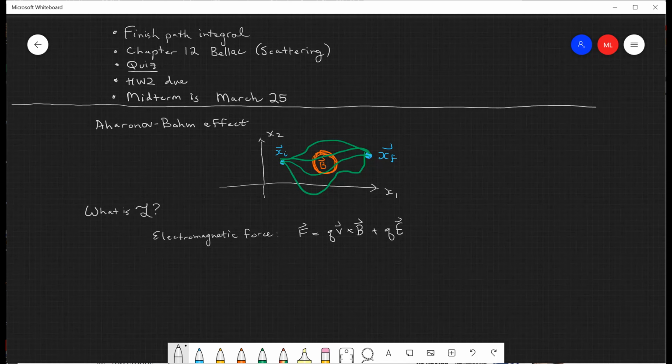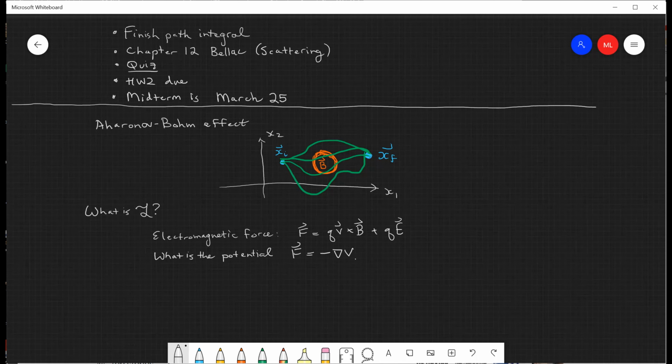So that's what it is. And of course, the Lagrangian is kinetic minus the potential. So we have to figure out what the appropriate potential to use. So we want to know what is the potential, which obviously has to satisfy that if we take minus its gradient, you get the force.